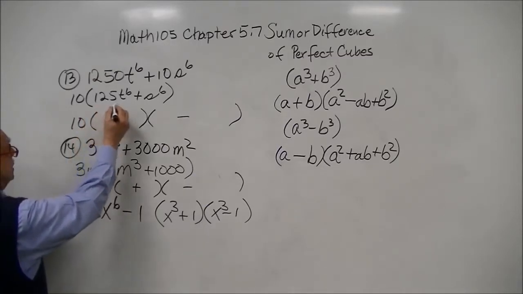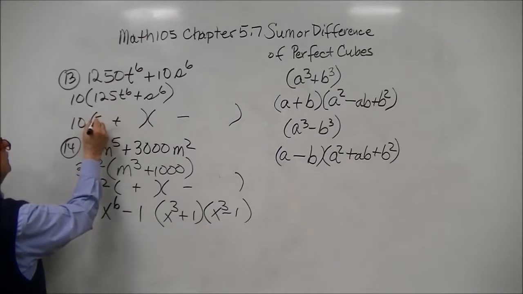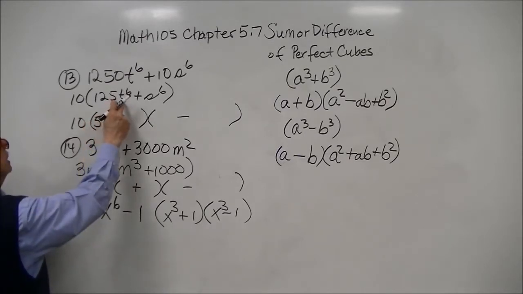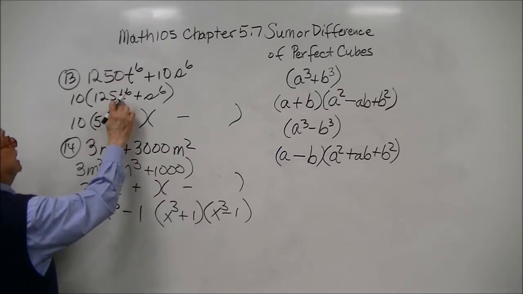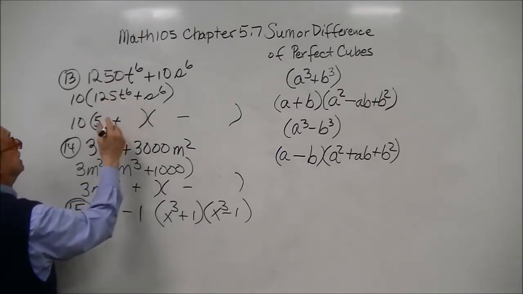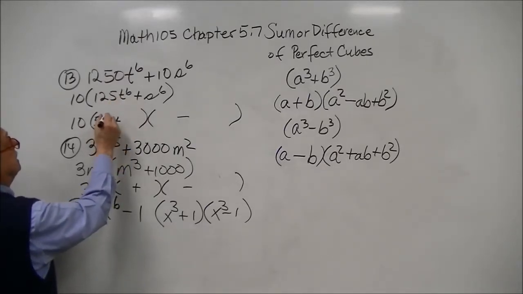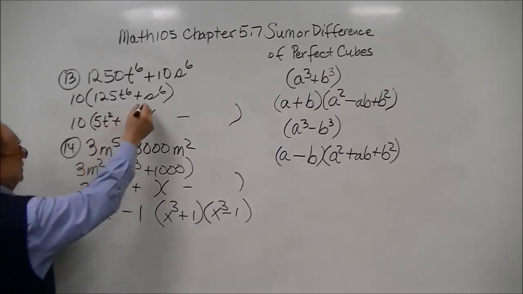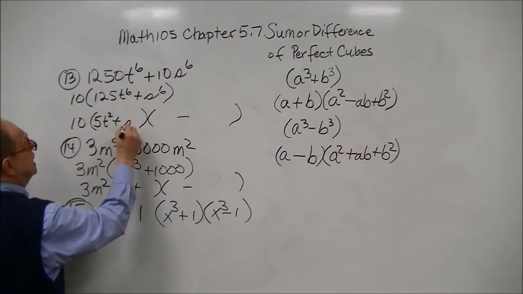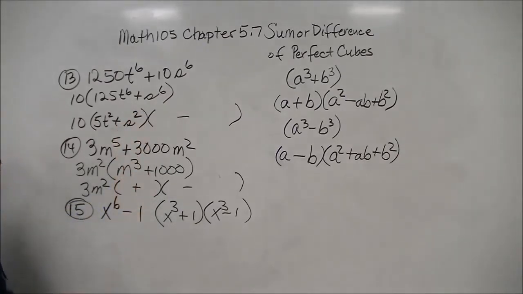So, the cube root of 125 is 5. And the cube root of t to the sixth is t to the second. So the cube root of that would be s to the second. So that part was a little tricky.